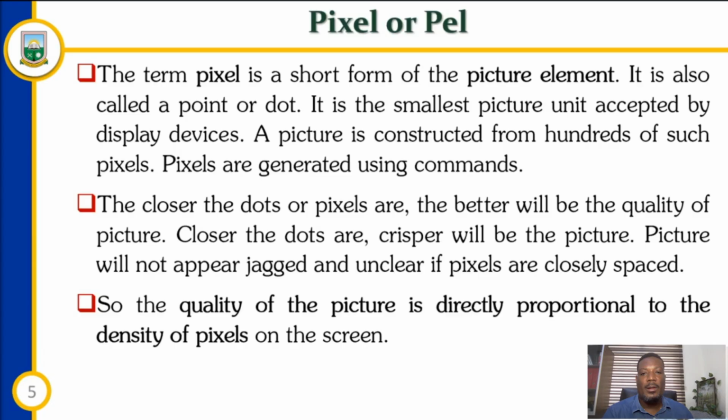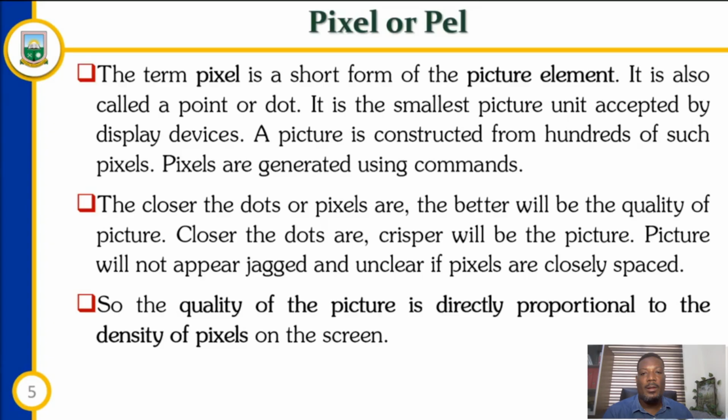So the closer the dots are, the crisper the picture would be. You should also bear in mind that the picture will not appear jagged and unclear if the pixels are closely spaced.